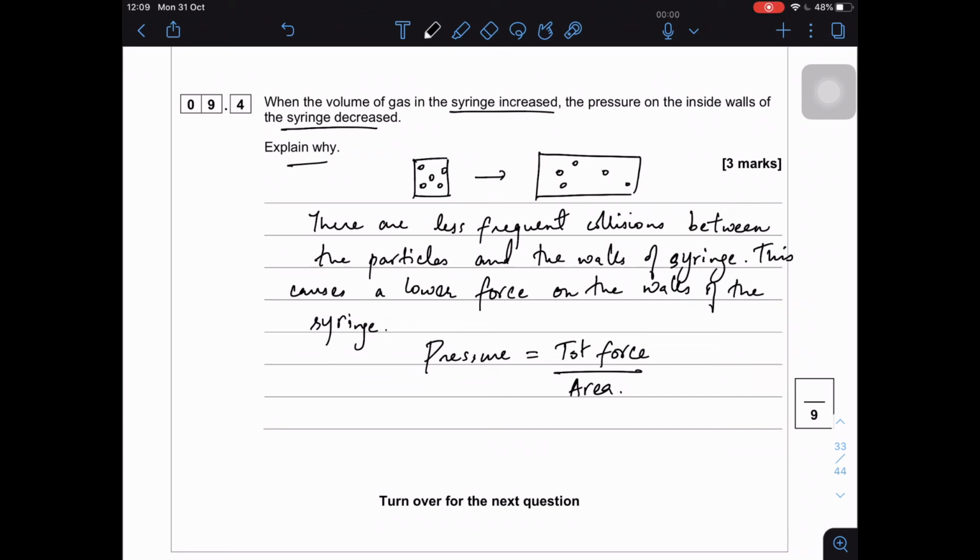So it's a force per area. So if I'm increasing the area or increasing the space, the pressure is decreasing.